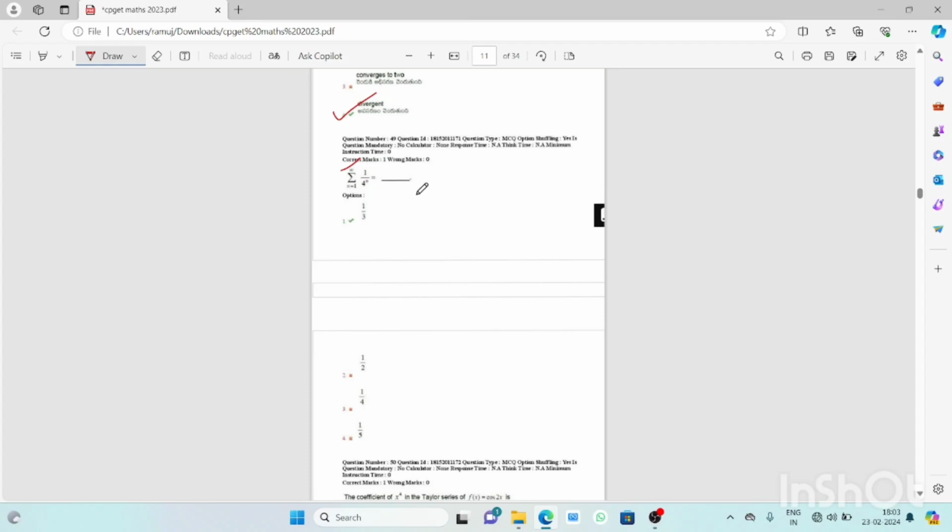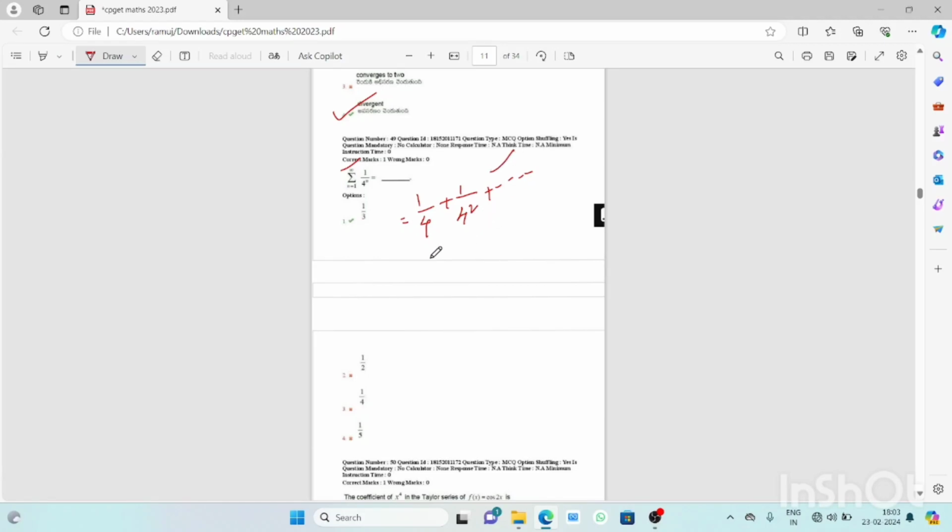Question 49 is summation n equal to 1 to infinity of 1 divided by 4 power n. If you observe clearly, by replacing the values of n, we get 1 by 4 plus 1 by 4 square and so on, an infinite series. Whenever this type of series comes, we can say this is a geometric series.